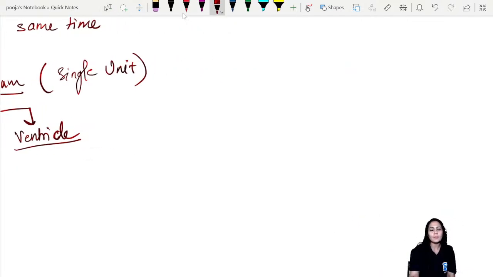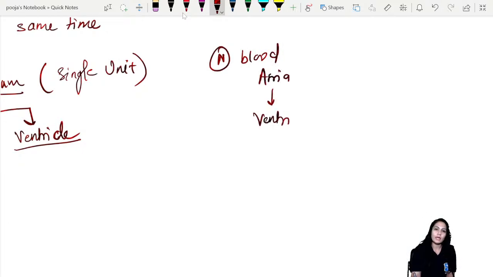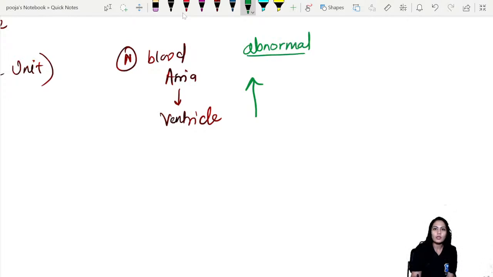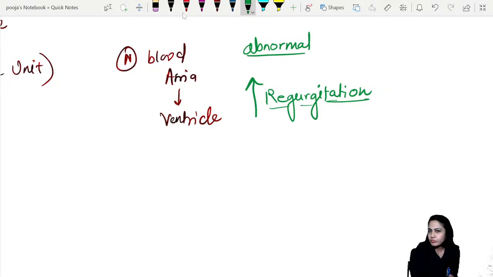So we can write that down. Normally the blood should flow from atrium to ventricle, but if blood goes in the opposite direction, that is from ventricle towards the atria, this is an abnormal condition, and this is known as regurgitation.